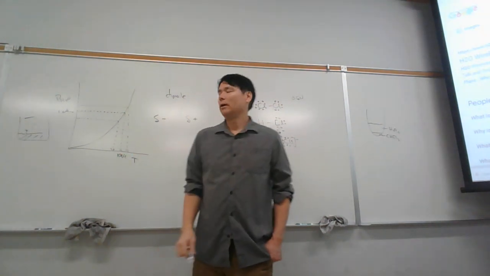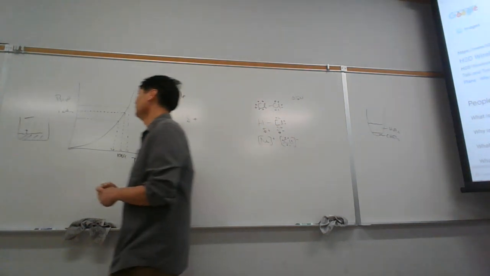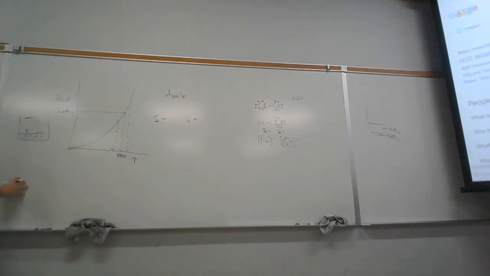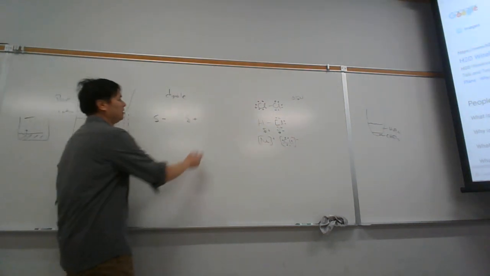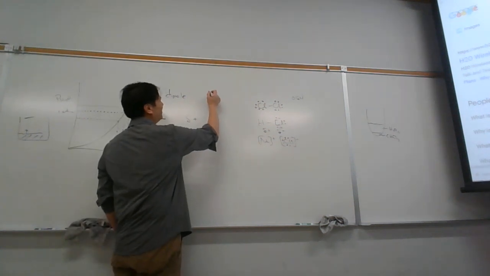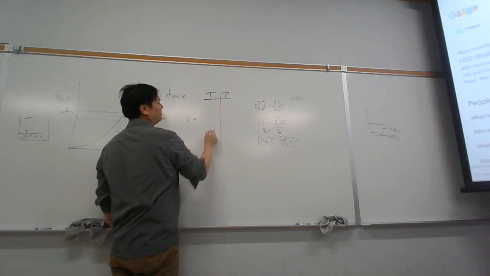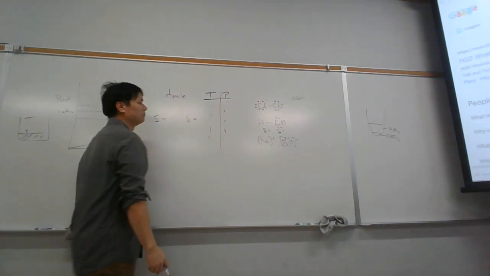So there are different ways. In Chem 4, we use the table, the vapor pressure data table. The vapor pressure data table looks like this: a whole bunch of temperatures, a whole bunch of pressures.